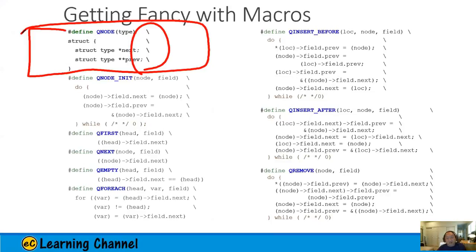Macro must be written in one line. It's not like normal C language. It needs to be in one line. But in order to put it in multiple lines, I use a backslash to connect every line together into a line. So I can use the Q node for more complicated structure.